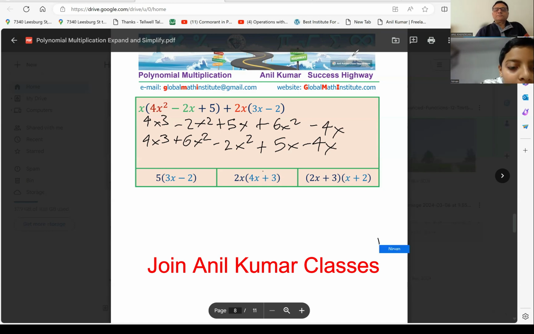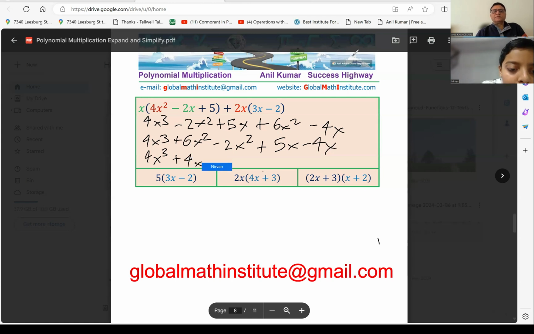So you would leave this as 4x cubed, nothing to do with it, plus 6x squared minus 2x squared. 6 minus 2 is 4x squared, plus 5 minus 4, 1, so x. Perfect. So there is no need to write one.